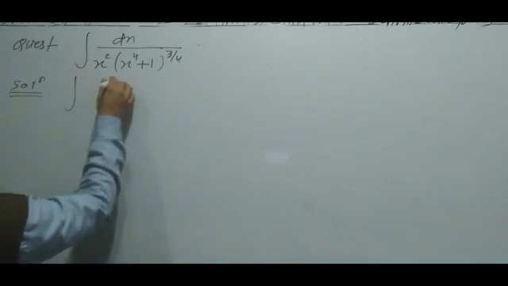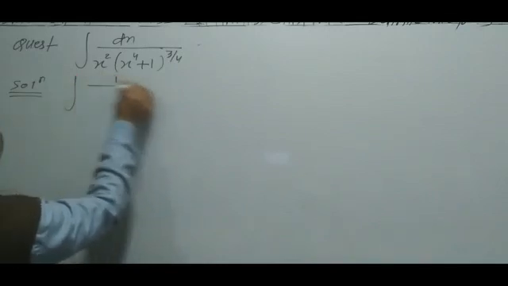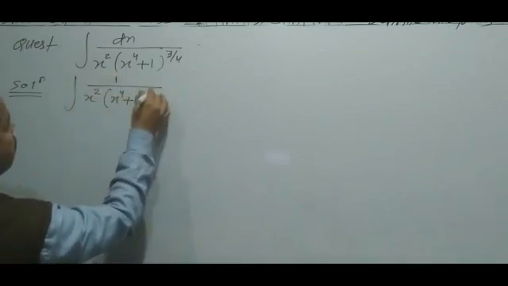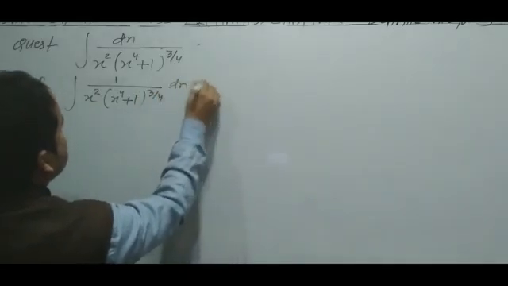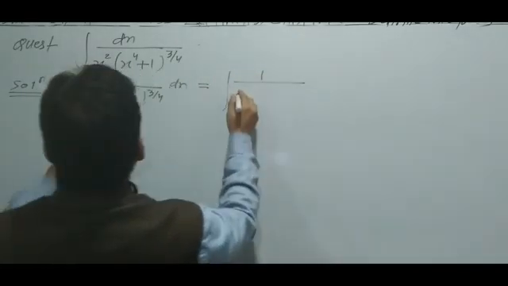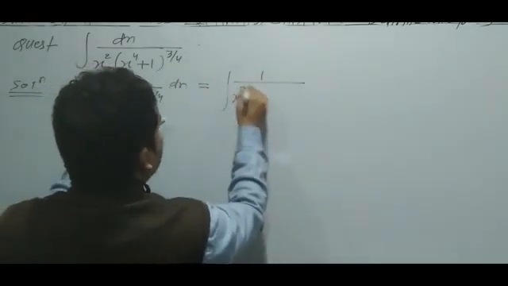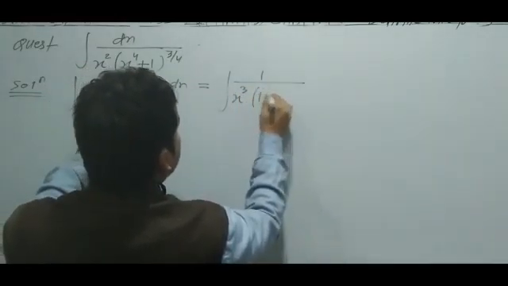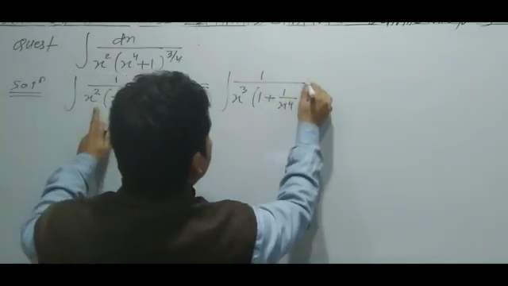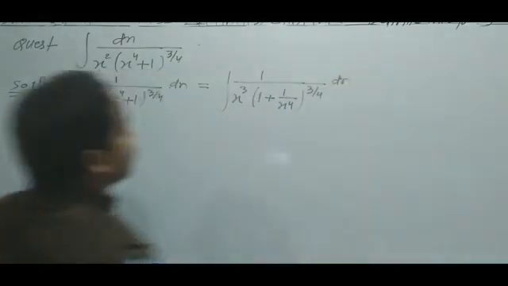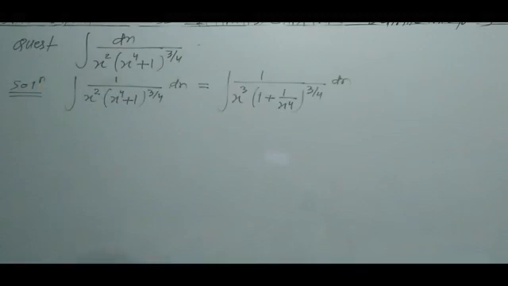So what will you get as the result? 1 upon x square, x to the power 4 plus 1, power 3 by 4 dx is equal to the integration of 1 upon, when you take common x to the power 4, the outer bracket will be x cube because x will be here, and now this result will be 1 plus 1 upon x to the power 4, power 3 by 4, dx. Now what do we have to do?